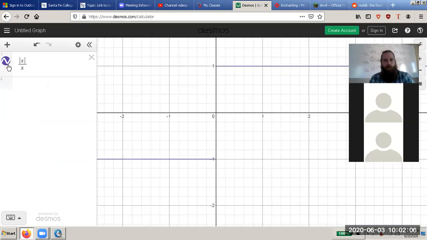If you look to the left of 0, it's down here at -1. And if you look to the right of 0, it's up here at +1. It has this big jump discontinuity at 0.